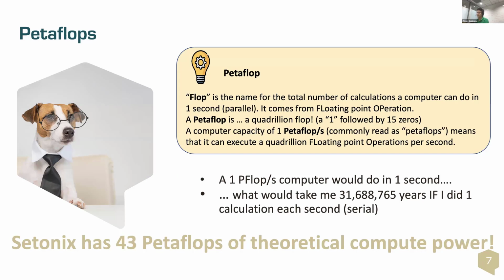That's the more realistic operative computer power of Setonix, but if a computer program is super well done and you are very careful, theoretically you can reach the 43 petaflops.